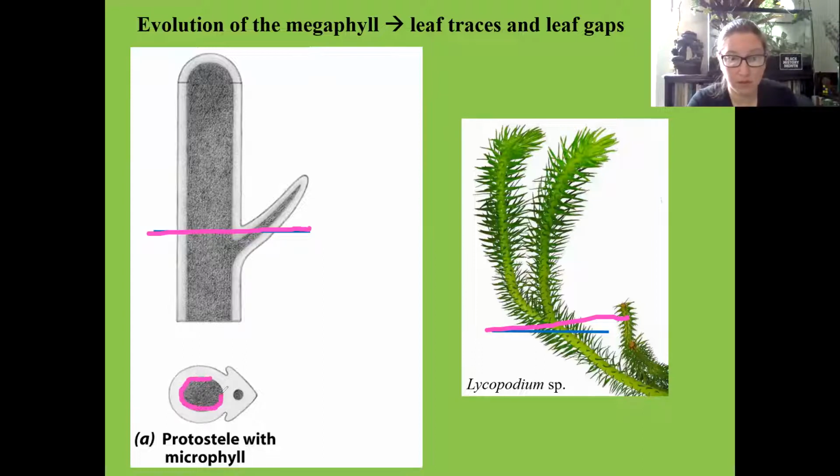You'll see the protostele here, which is that solid, dense vascular tissue, completely solid. And then if there's a little microphyll, see this is a microphyll, and you happen to get part of that when you're doing the microscope slide, you'll see a little vasculature right there where the microphyll would have grown out, right? So like this part of the vasculature right through there, that's that little dot.